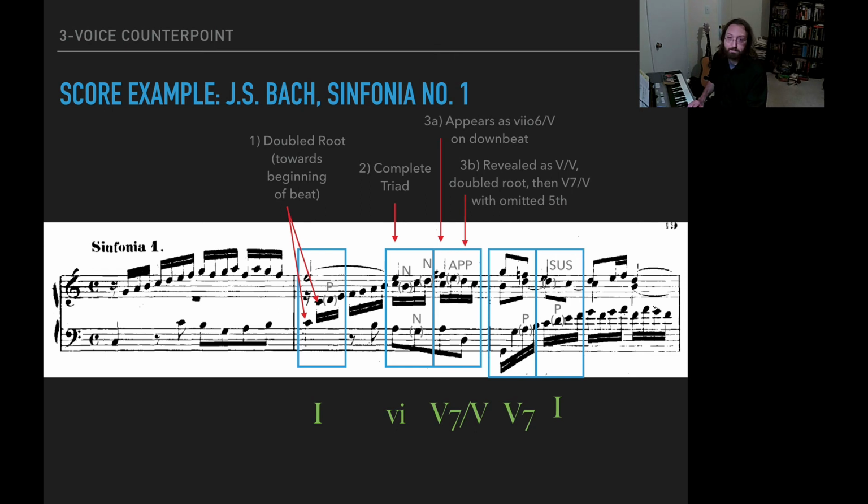Going on to the 5/7 then, we first have a doubled root right on the downbeat, a G and a G, and that's emphasized by the 2nd 16th note. So that we have that sense of doubled root. It's very strong in our ears. So that when we get to the end of that beat and we only have a D, an F, and a B, we still feel like that root is present.